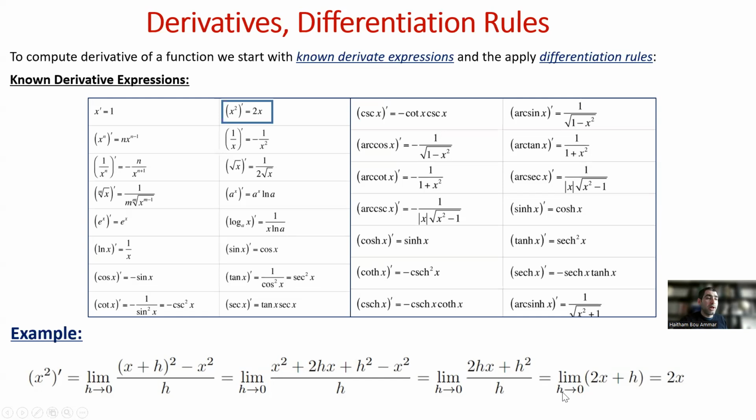Then we need to find the limit of that when h goes to 0, and it's very easy to do, because in this case it will just be 2x, as the additive h part will just vanish. Therefore, we're proving that the derivative of the quadratic function x squared at any point x is nothing but 2 multiplied by x. In a similar way, we can show every derivative result in that table.